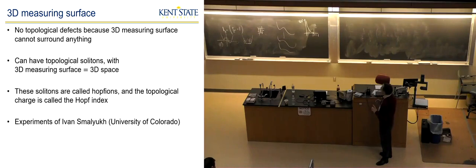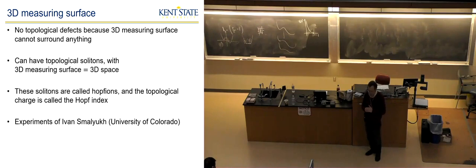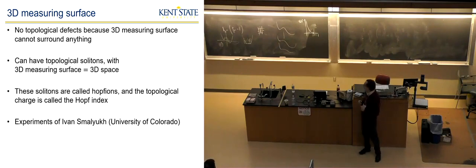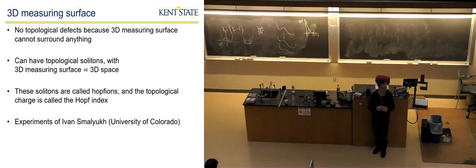These things are called Hopfions, and the topological charge is called the Hopf index. And these are actually found experimentally. This is not just a theoretical construct. A lot of these experiments have been done by Ivan Smalyukh at the University of Colorado, and I would refer you to his work if you want to learn about this kind of stuff.